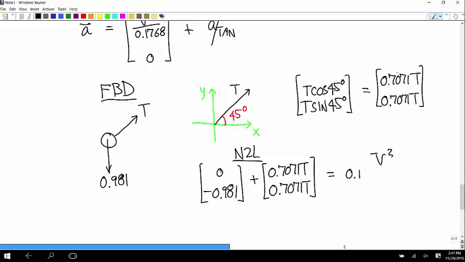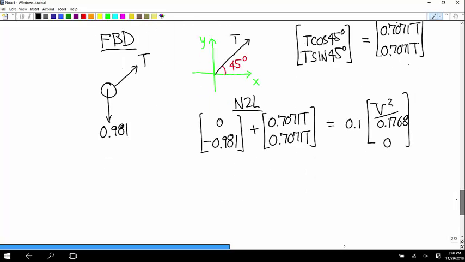Well, we don't know v yet, but once we know v, we'll know it completely. So v squared over 0.1768, and then 0 for y. And what we're trying to solve for is T and v.